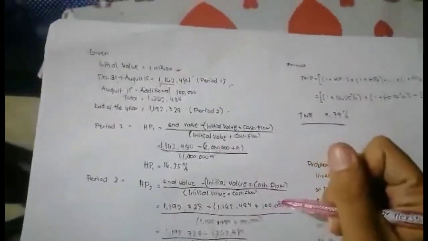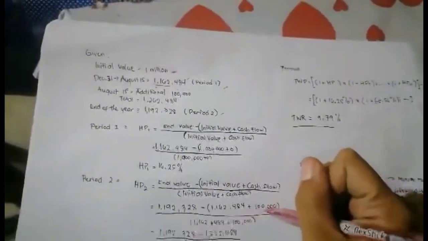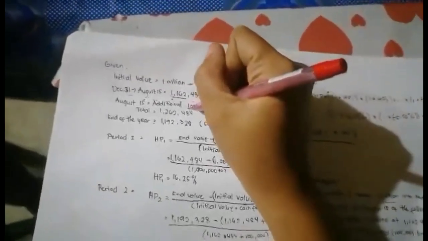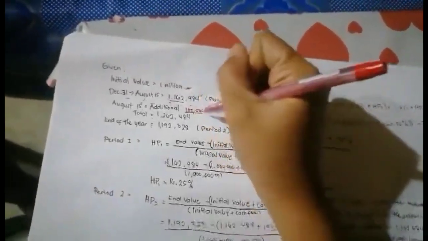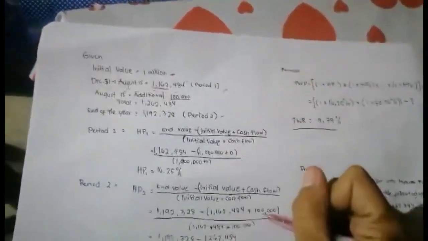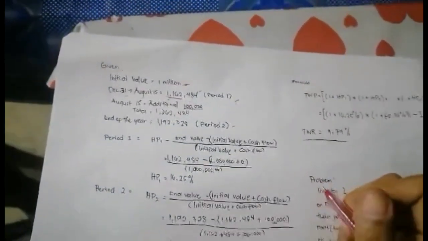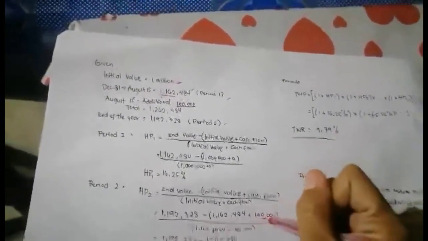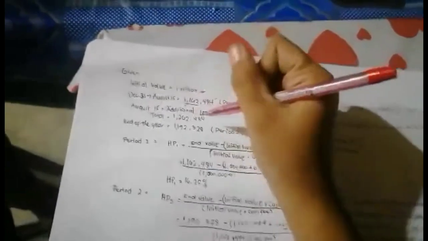And the cash flow, which is the 100,000. Cash flow is his additional, this one. So he made an additional 100,000 to his investment. If it is a withdrawal, we can put a negative here, but it is an addition.